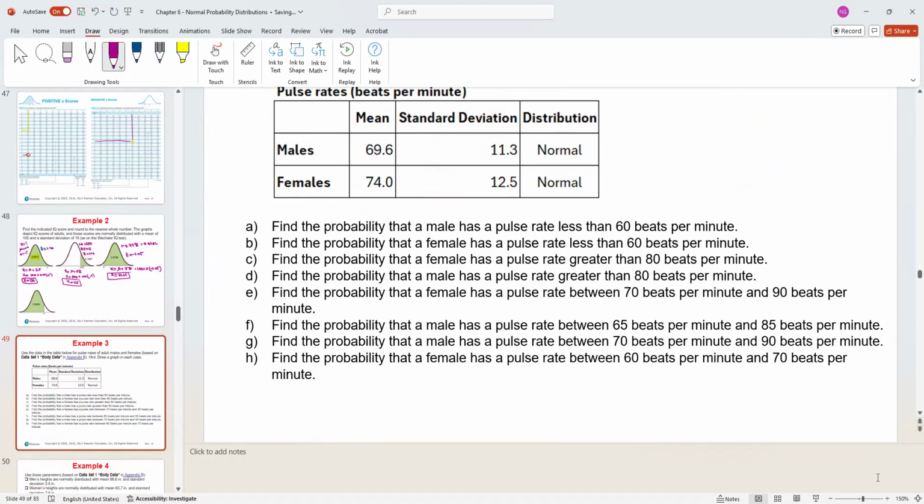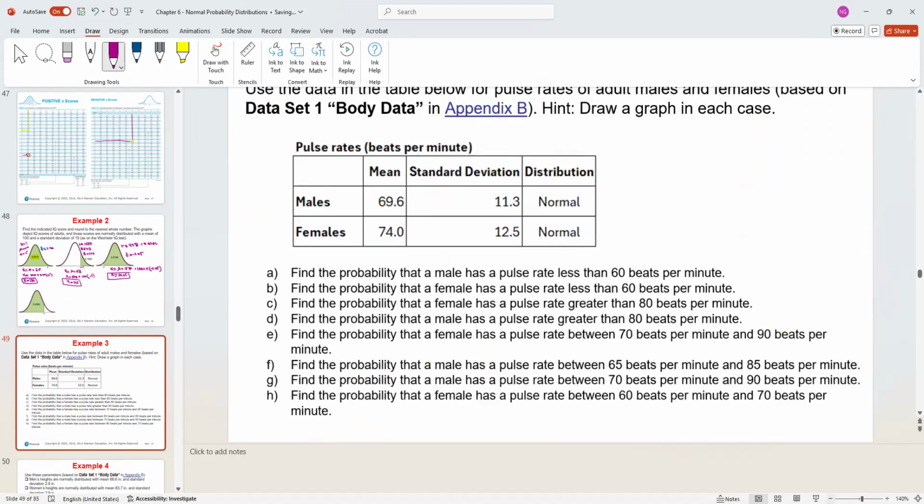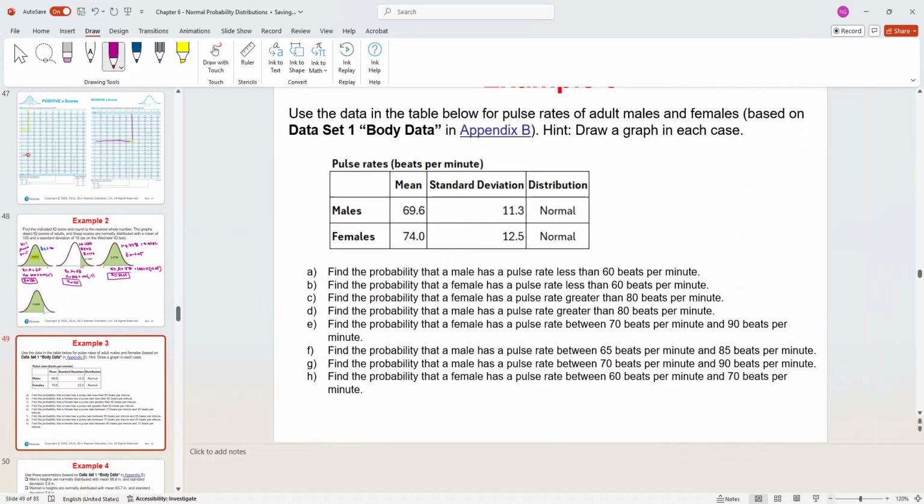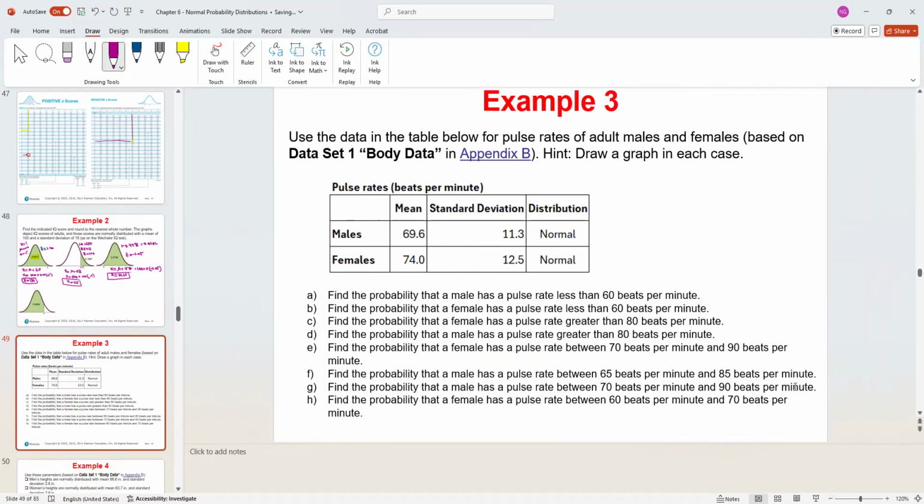In this one, if I reduce it a little bit, they said use the data in the table below for pulse rates of adult males and females. Those data are from the book, based on a data set that you would find in Appendix B. You usually draw a graph in each case.